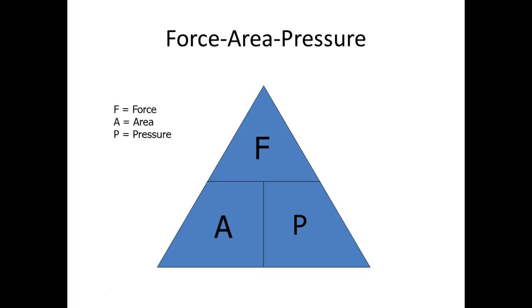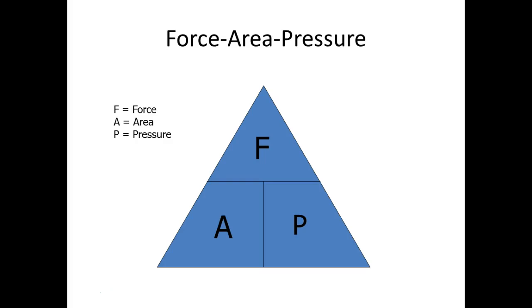So all we have to do on this is called a formula triangle, and this works for any three-term formula. First of all, we figure out which one is the multiplication. So force is equal to area times pressure. And what they tell you to do, if you got this laying on the table, you cover up what you're solving for.